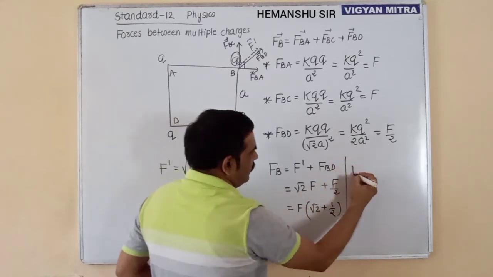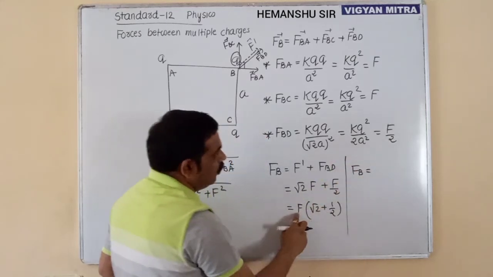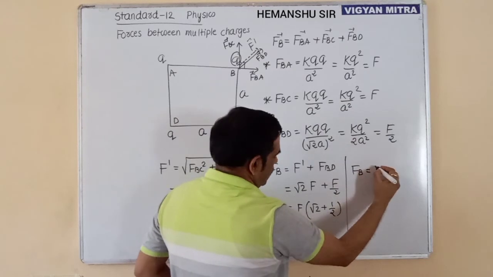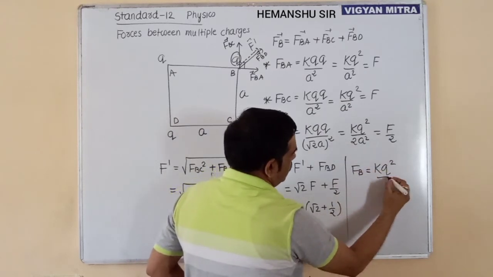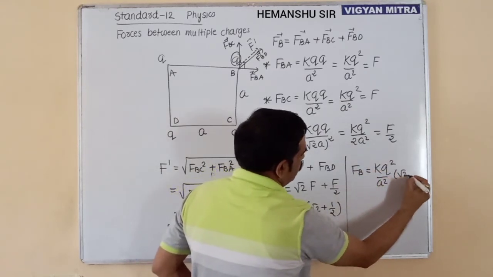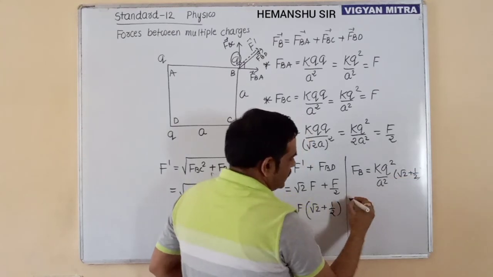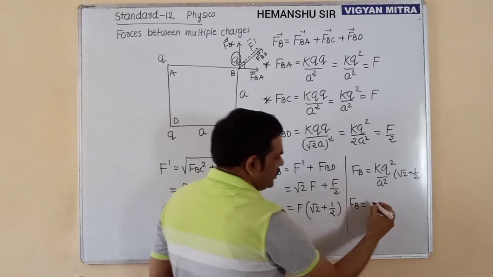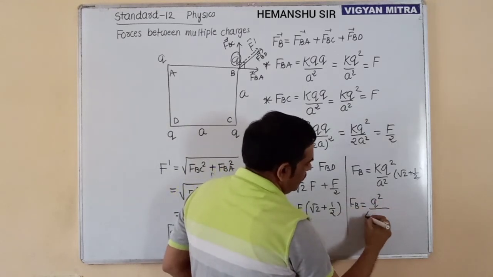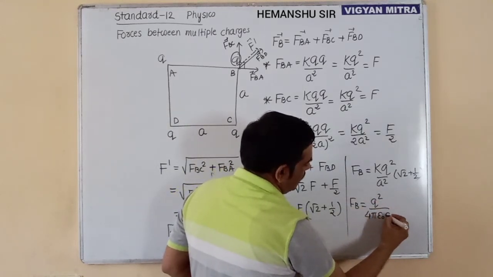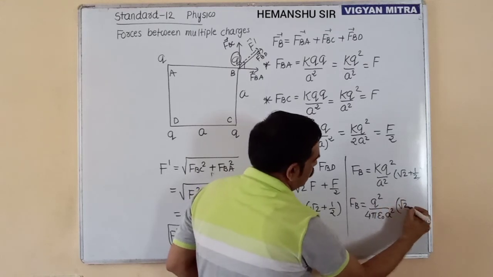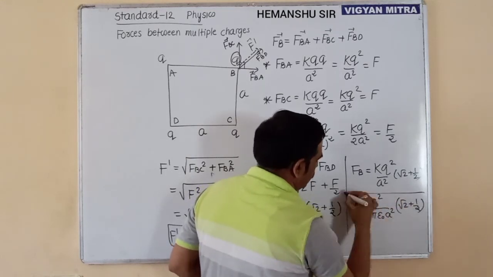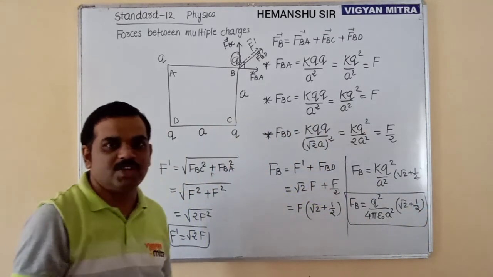So FB, where the value of F is equal to k Q square by a square, root 2 plus 1 by 2. Sometimes we write k as 1 over 4 pi epsilon 0. Then the answer will be Q square by 4 pi epsilon 0 a square, root 2 plus 1 by 2. This is the total force on charge B.